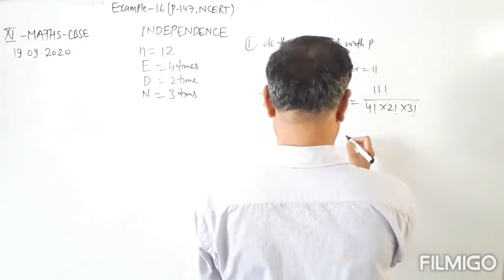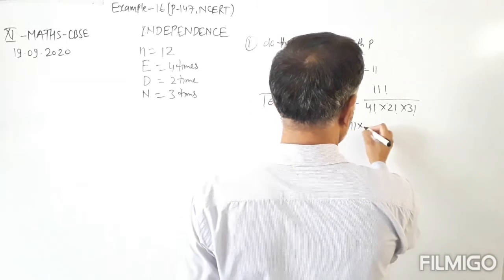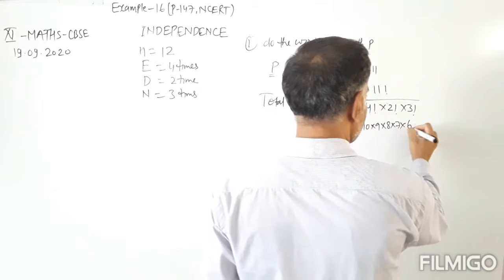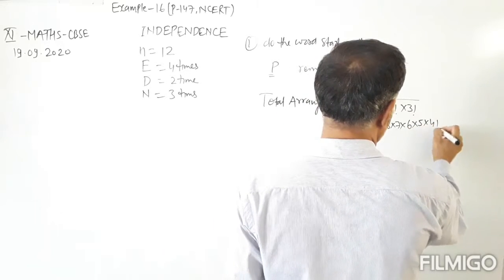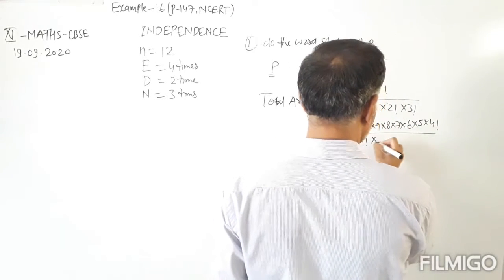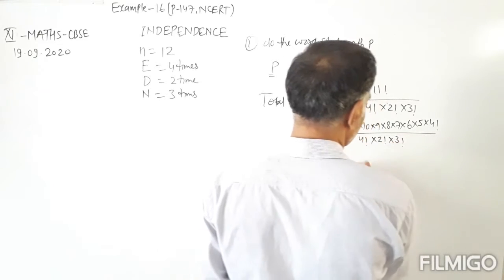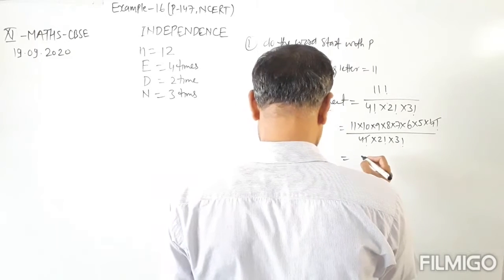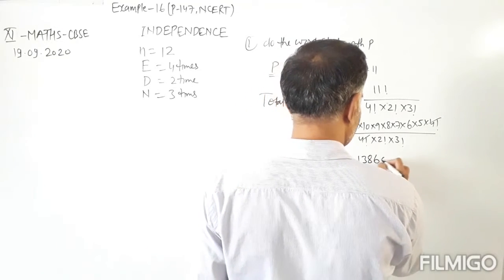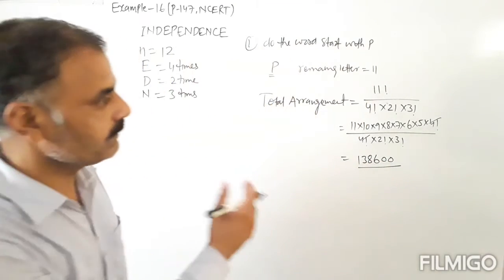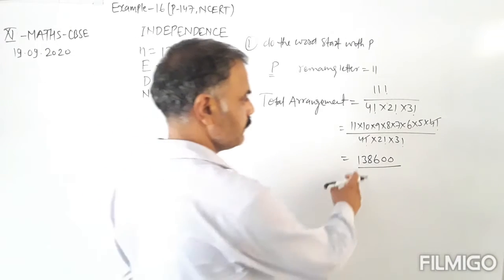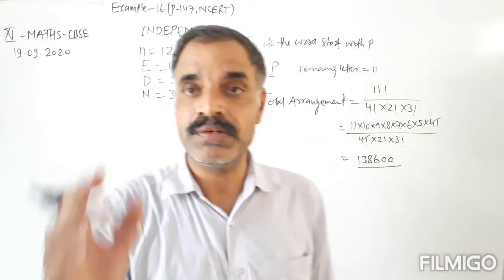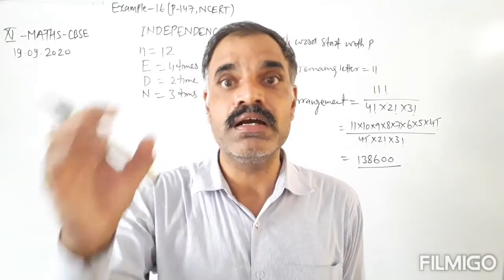Solving, 4 factorial cancels 4 factorial, and we will have 13860 when the word starts with P.